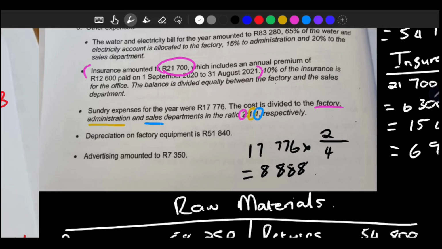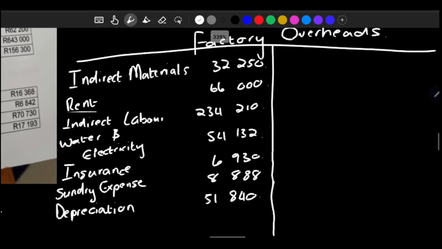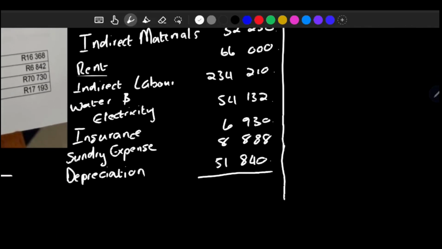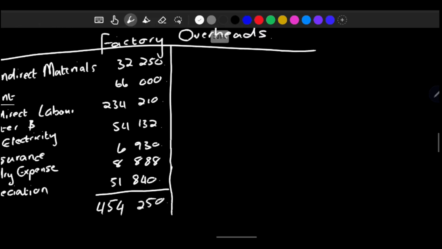No, it is not, so we leave that out. Now we have all our transactions for factory overheads, so we add them all together, which gives us 454,250, right? And remember, our debit side must be equal to our credit side, which is 454,250, right? Then this amount gets expensed, or is taken over to work in progress.